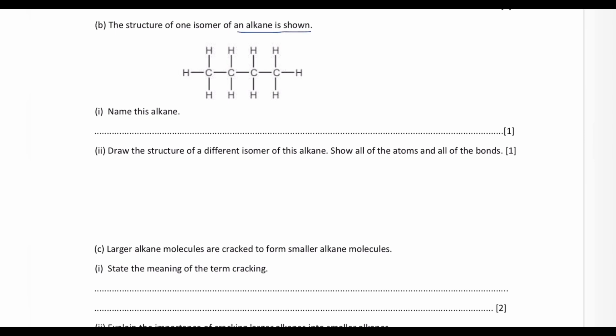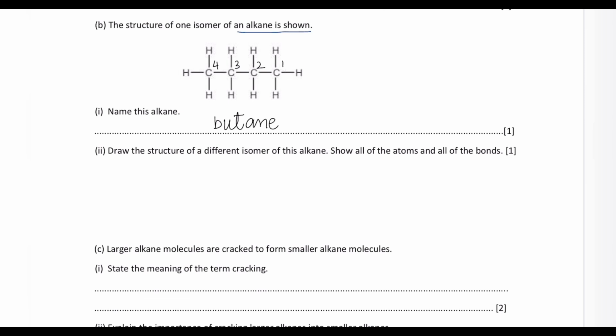Name this alkane. To name this alkane, we will number the carbon atoms 1, 2, 3 and 4. For 4 carbon atoms, but is used as the prefix and the name of an alkane ends with ane. So butane is the name of the isomer shown.